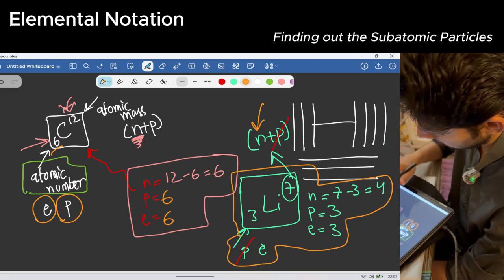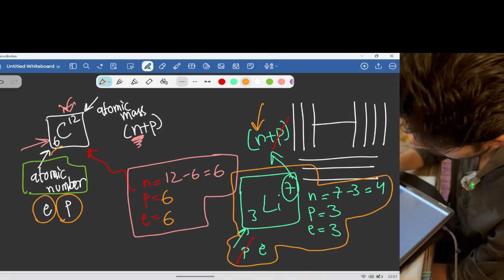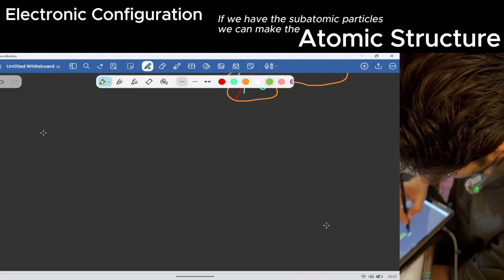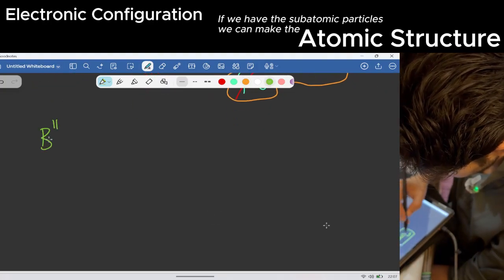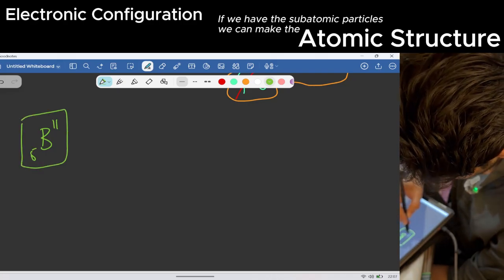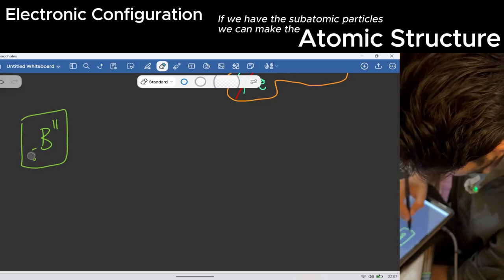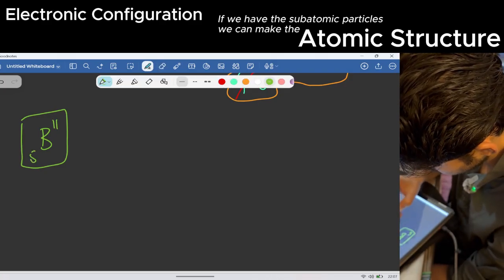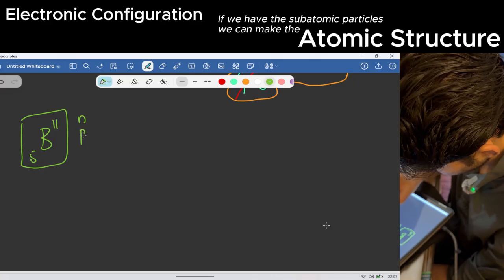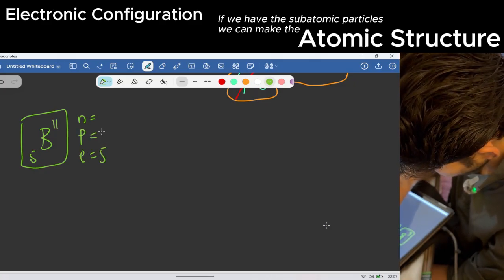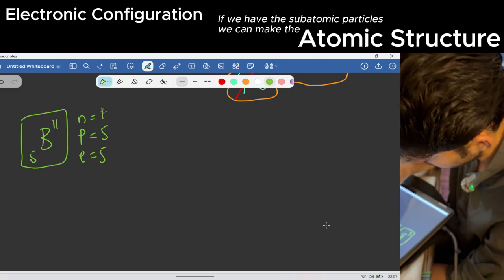As for the electronic configuration, we have an example of boron, which is 5. I'll quickly erase this and make sure that we write 5 clearly. Now for the subatomic particles, we've got our electrons as 5, our protons as 5, and then 11 minus 5 will be 6 neutrons, right?